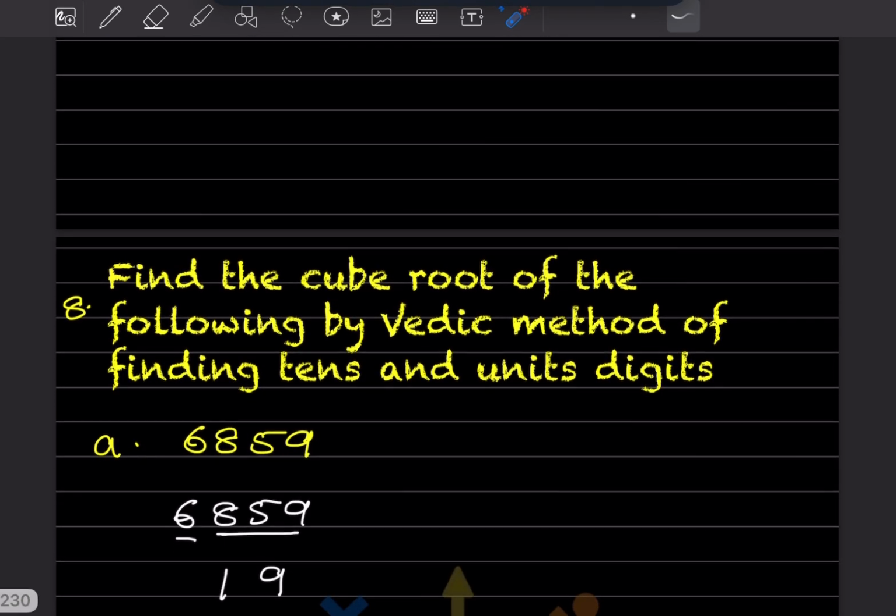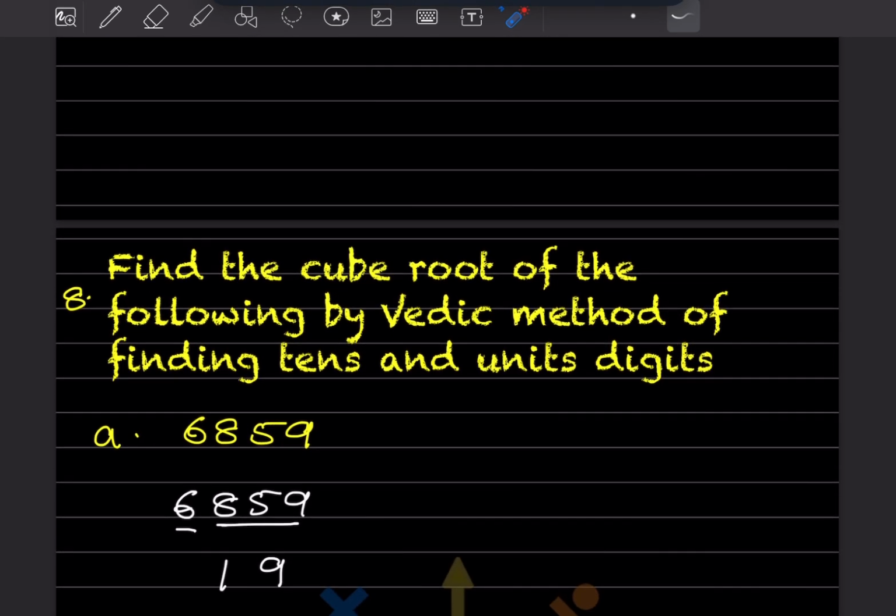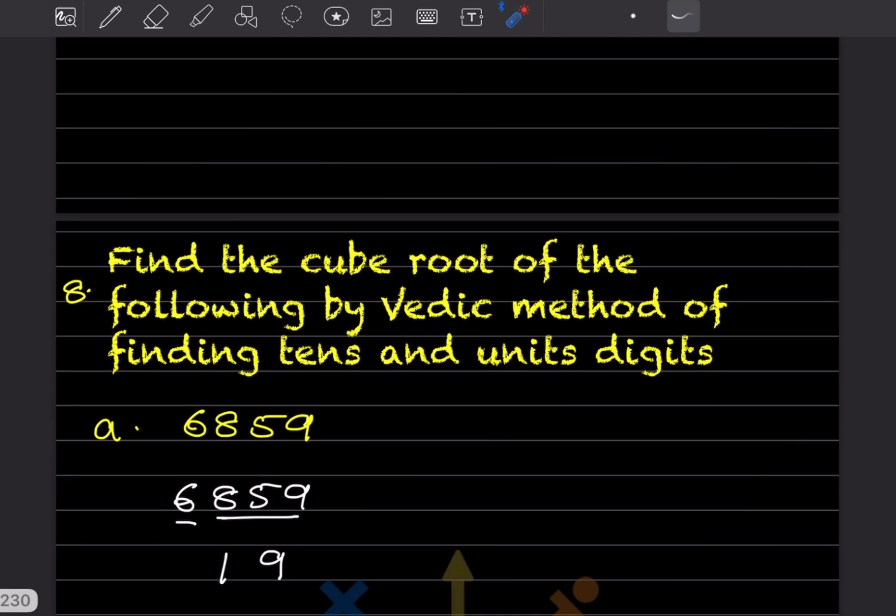Now here they said, find the cube root of the following by the Vedic method of finding tens and units digit. This is the number given and you have to find the cube root of that. As I told you in the steps, we have to see the last 3 digits and the remaining part, so it is split into 2.